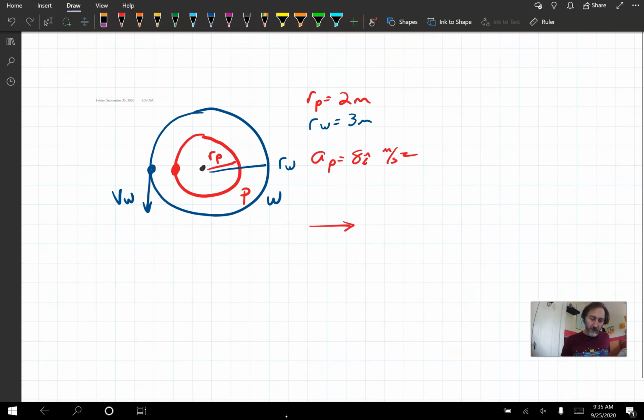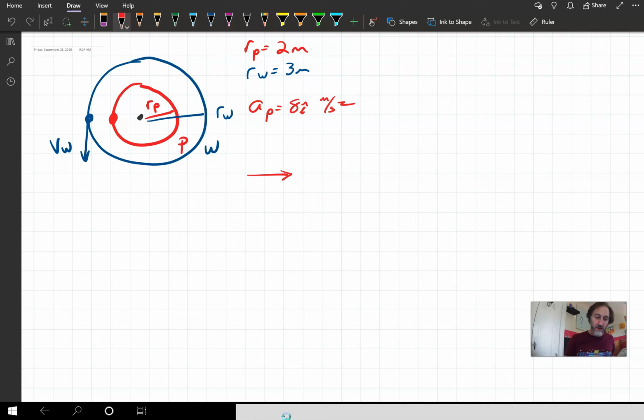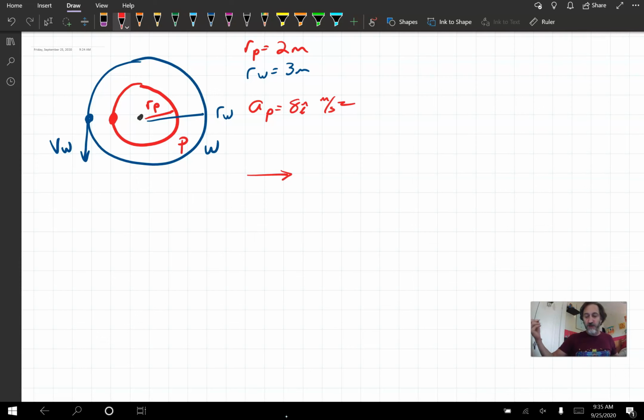So let's go over to the side. What equation ties the acceleration, the radius, and the velocity together? Well, the acceleration of the purse is the velocity of the purse squared over the radius of the purse. Centripetal acceleration is v squared over r.